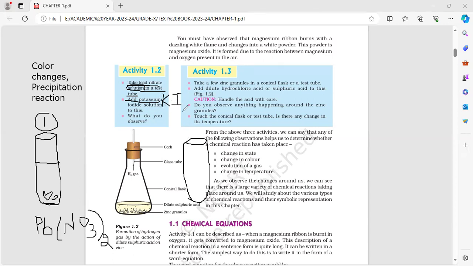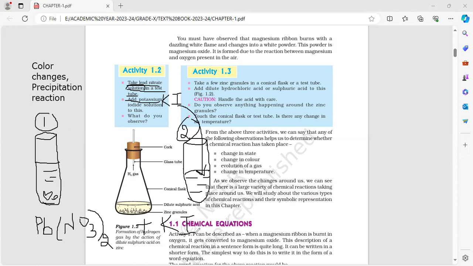This potassium iodide salt is also white. I add it in another test tube, test tube number 2. Both salts are dissolved in water, so we call each a solution. Now I add the potassium iodide solution to the first one, lead nitrate plus KI. So what happens when we do this?